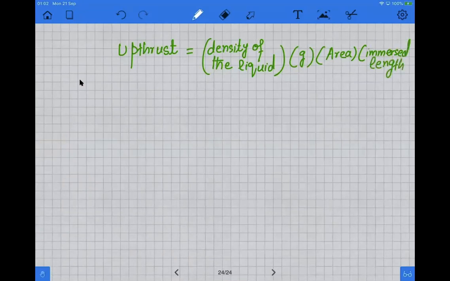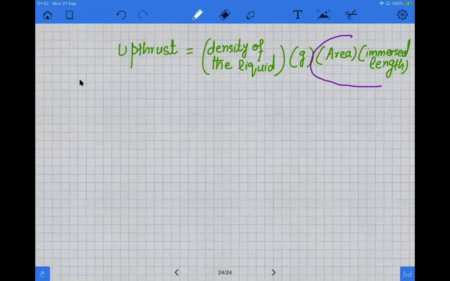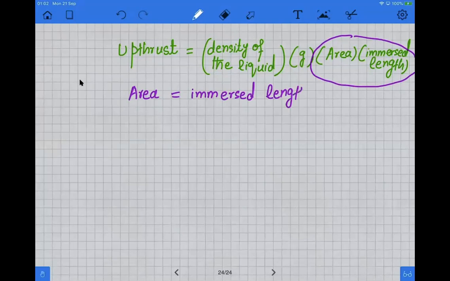Now, a more refined form of this formula: if you combine these two terms, area into immersed length can be written as immersed volume. The multiple of area and length is volume, but when you multiply area and immersed length, it becomes immersed volume.